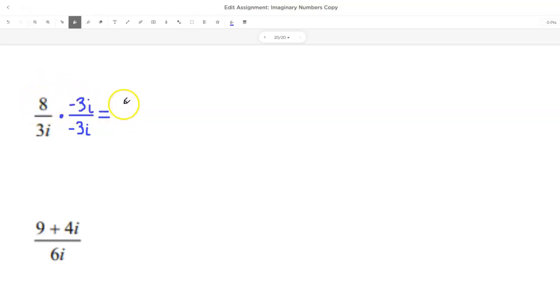So 8 times negative 3 is negative 24, and that is i. And then I have 3i times negative 3i, which is negative 9i squared. We know from our past lessons that anytime we see i squared, we change that to negative 1.